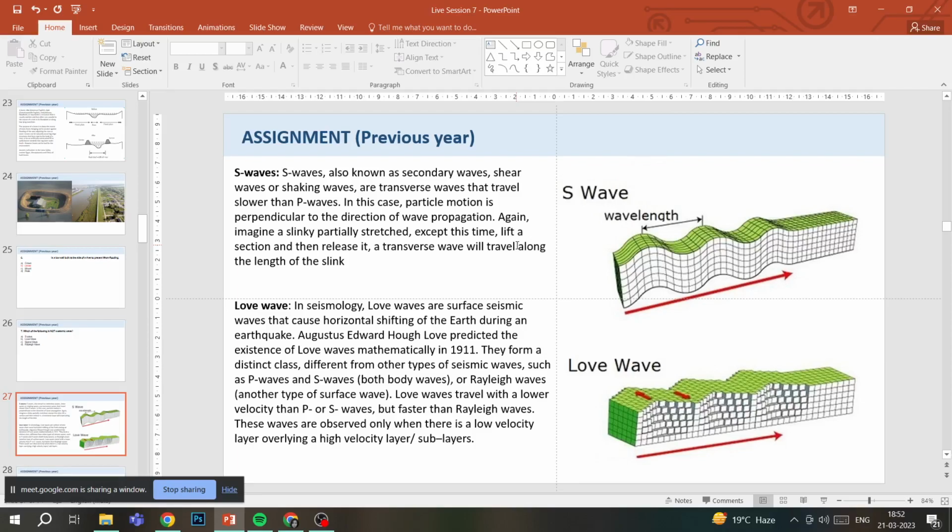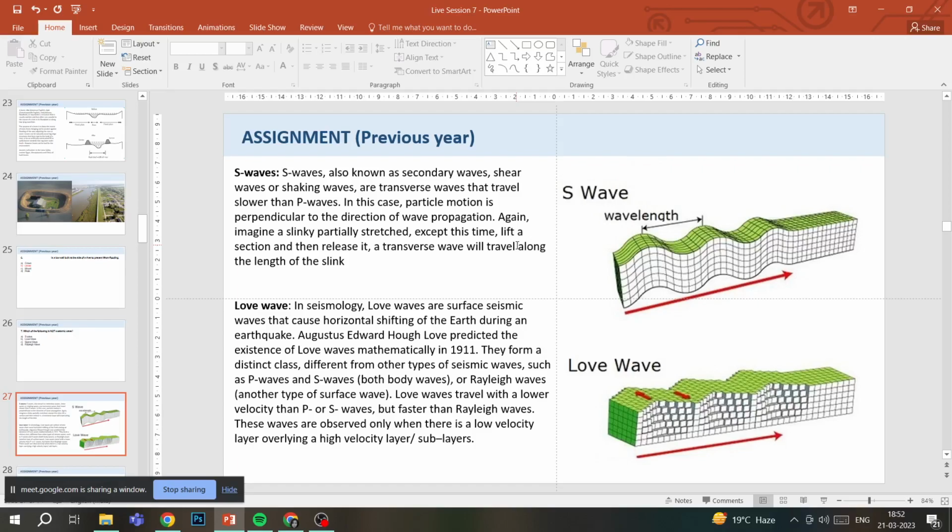A slinky is basically a spring kind of thing. So they are saying that to understand an S wave, you partially stretch that spring, lift a section a little and then release it, and then you will see that the wave that forms is like this. So that is an S wave.